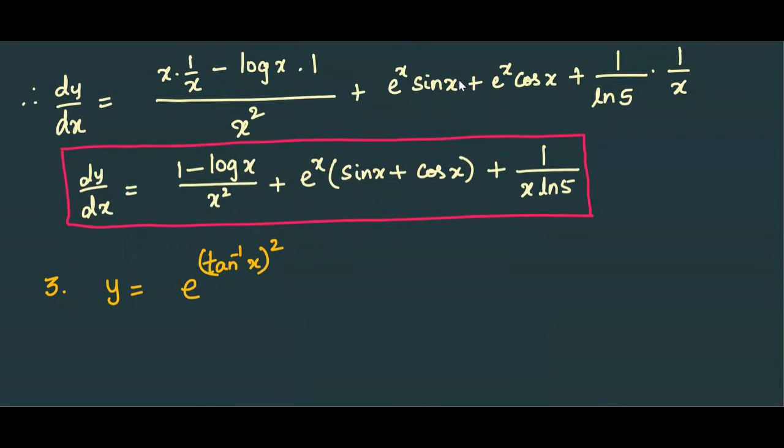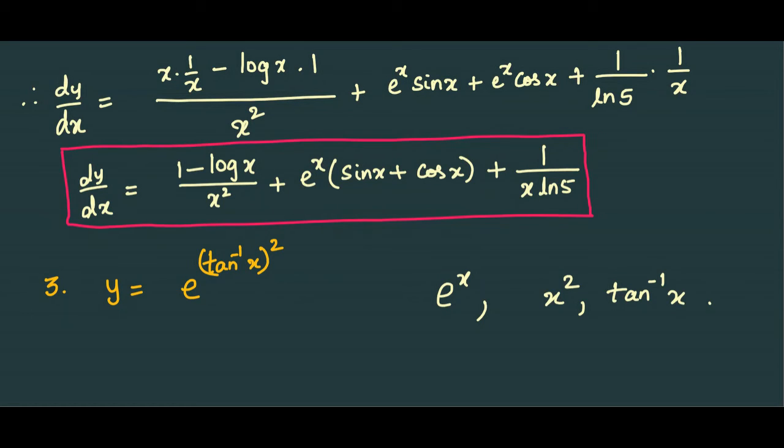Here, there are 3 functions involved. Let me explain the 3 functions. First function is e power x. The second function is x square. And the third function is tan inverse x.